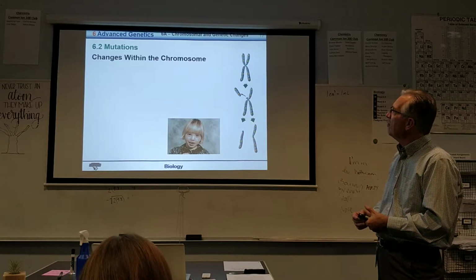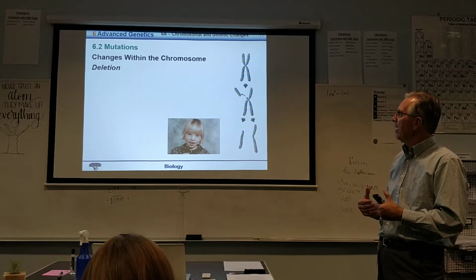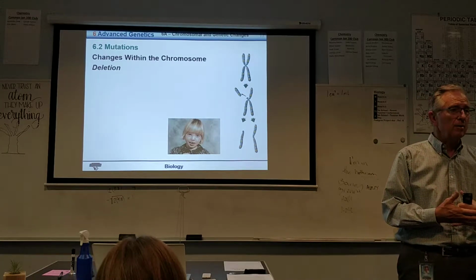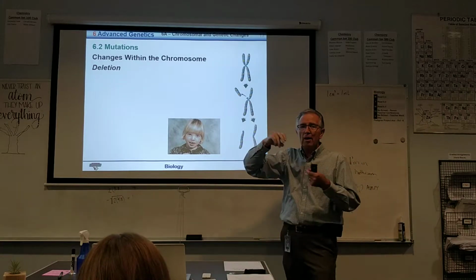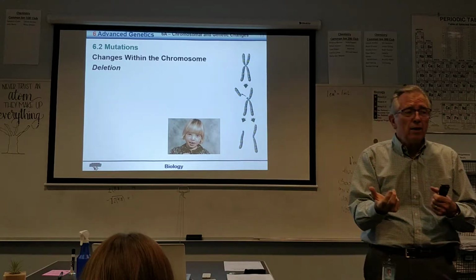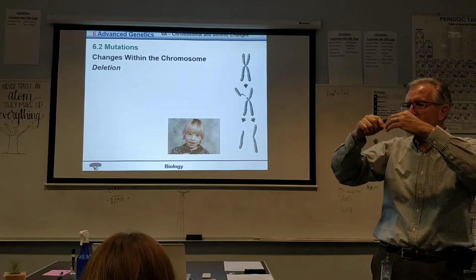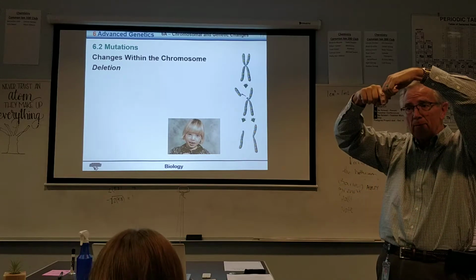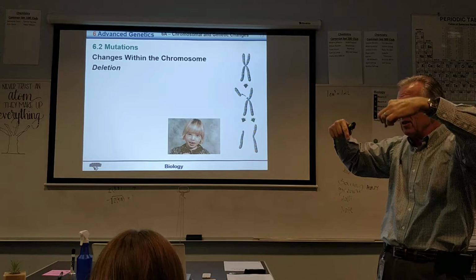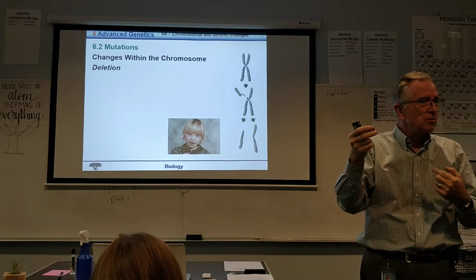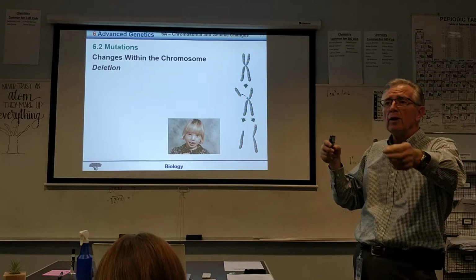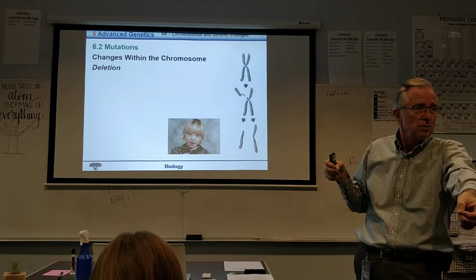Okay, so now another way that can happen is called deletion. This is where something caused a piece of the chromosome to break off, and in the process of forming the two sexual cells, remember the two chromosomes go to opposite ends, this piece is not attached to one of the chromosomes, and so doesn't follow to the end where it belongs.